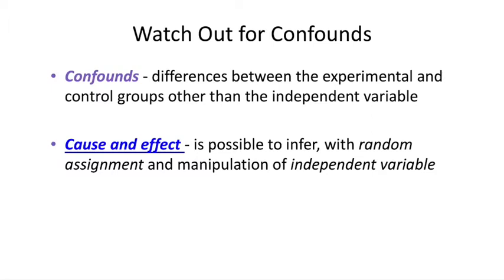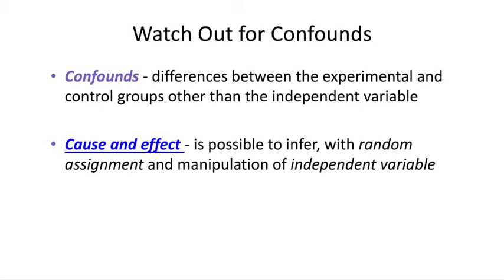Okay, so that noise, the noise variables around the independent variable, is what we call confounds, things that we didn't systematically control for that could have caused a random fluctuation in our data and not necessarily due to the independent variable in and of itself.